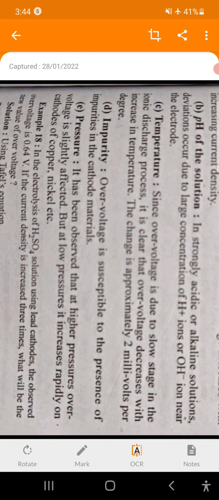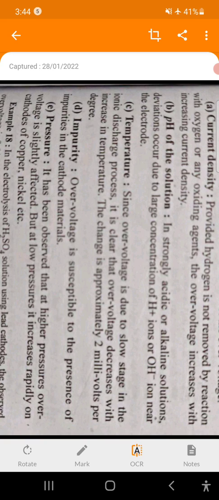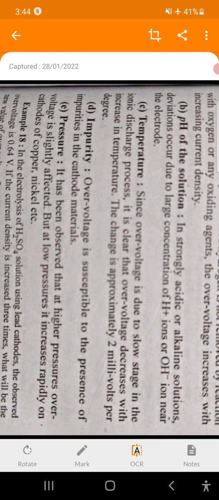The more the concentration of H plus and OH minus ions, the more difficulties arise for the four steps, and that can increase the magnitude of overvoltage.